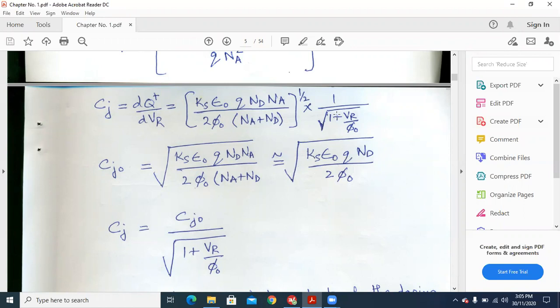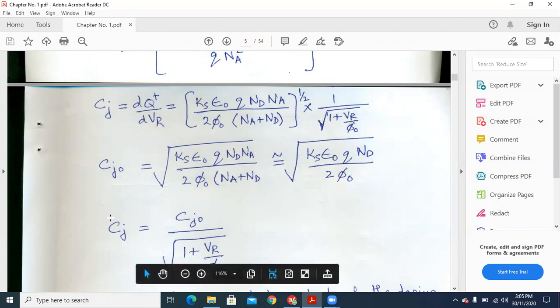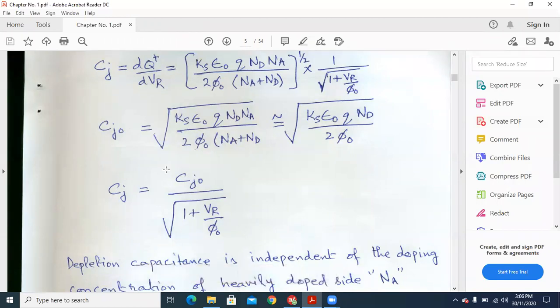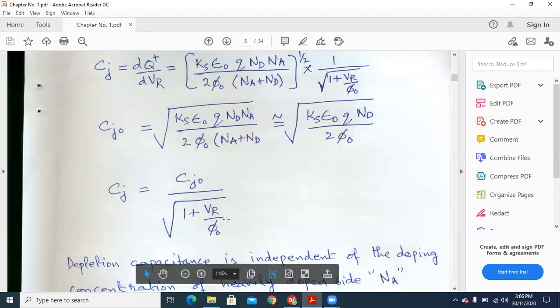So Cj is Cj naught divided by the square root of 1 plus Vr by phi naught. This is the value of the depletion capacitance, and that relationship is very important, and we use this value of depletion capacitance for any PN junction in further studies. This is the one parameter which we derive for the diode, which is the depletion capacitance.